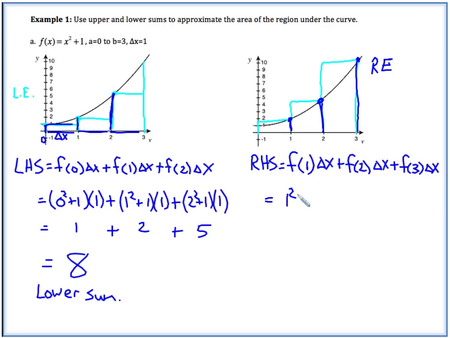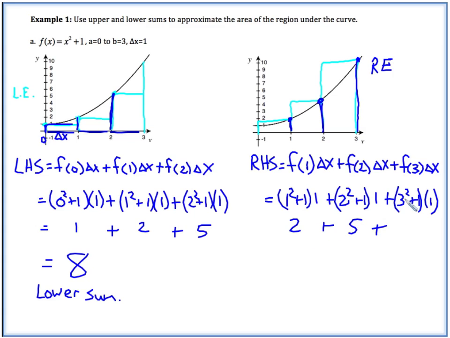So we get 1 squared plus 1 times 1 plus 2 squared plus 1 times 1 plus 3 squared plus 1 times 1. And so this was 2, this was 5, and this is going to be, let's see, 10 right here. And so this sum is going to be 17. And this is our upper sum.